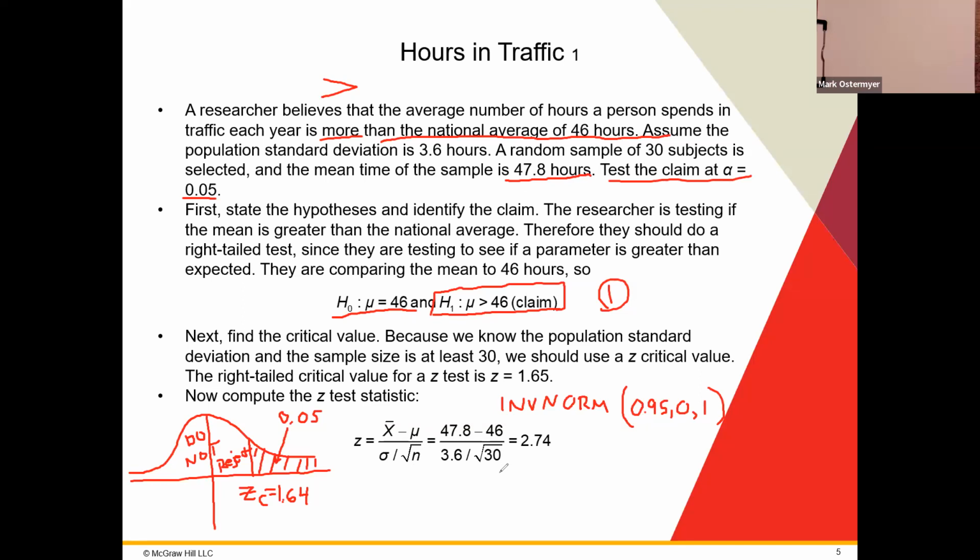And that could number in the hundreds of thousands or even millions of samples. So we divide by the known standard deviation of the population, 3.6 hours, divided by the square root of the sample size, which is 30. You get on your calculator and dial that up. By the way, make sure you enclose your numerator inside parentheses. You should get about 2.74 as our test statistic value.